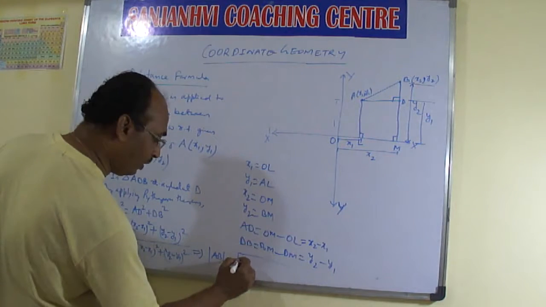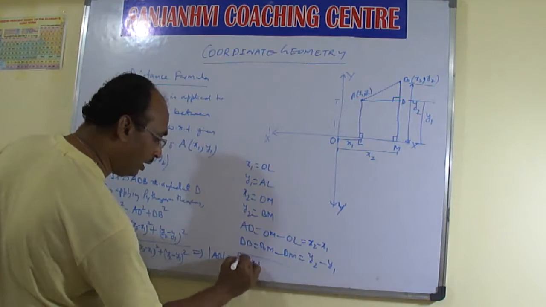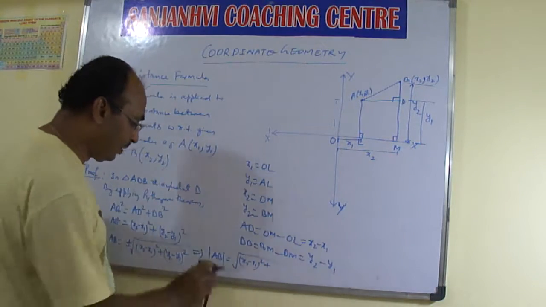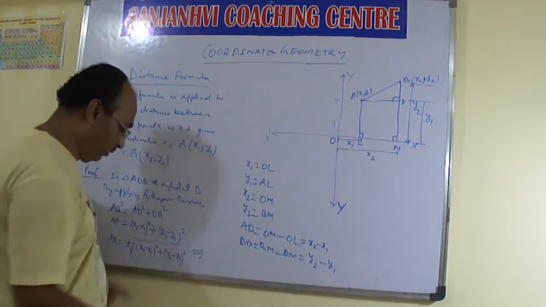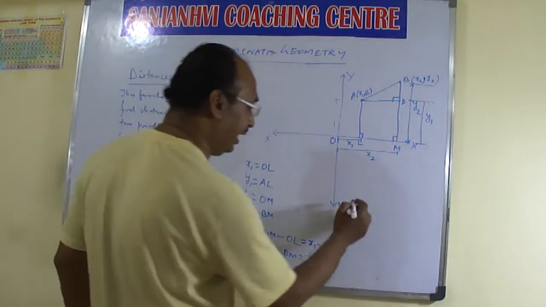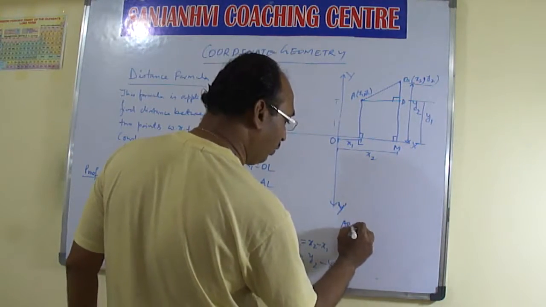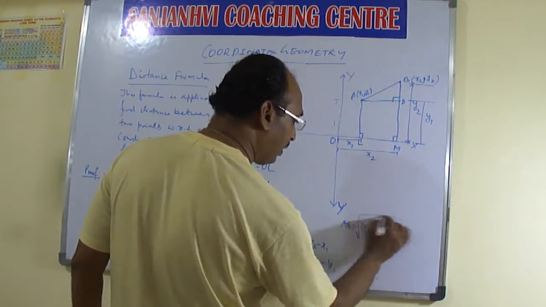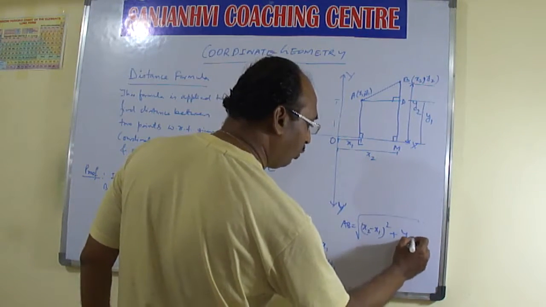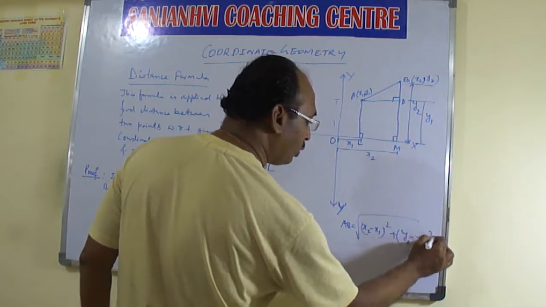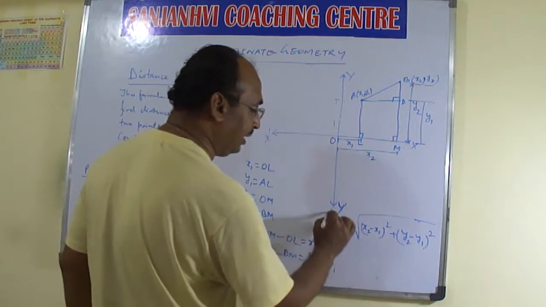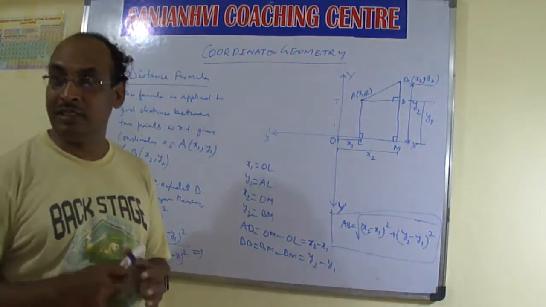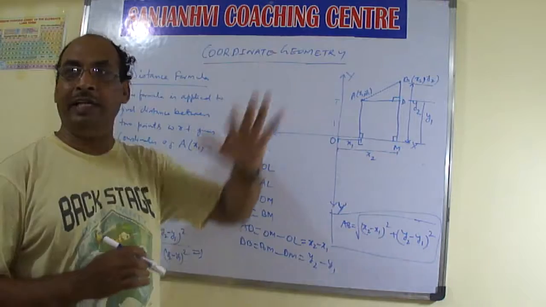AB is equal to the square root of (x2 minus x1) whole square plus (y2 minus y1) whole square.